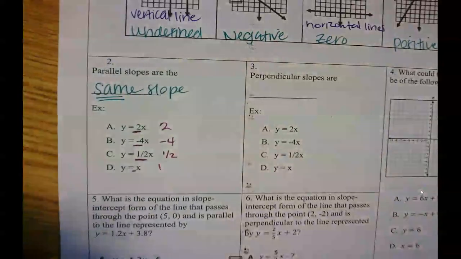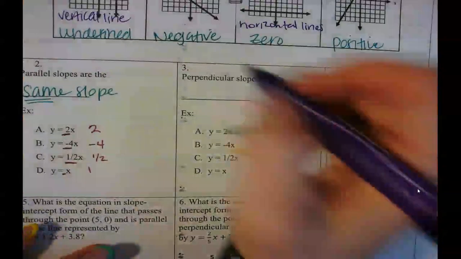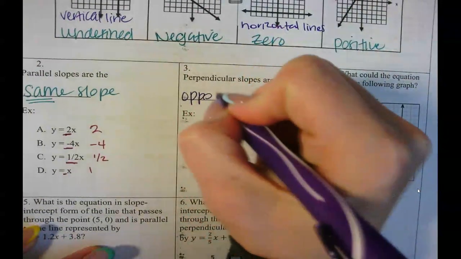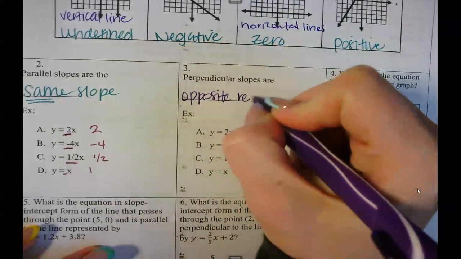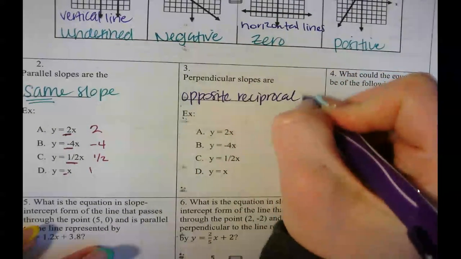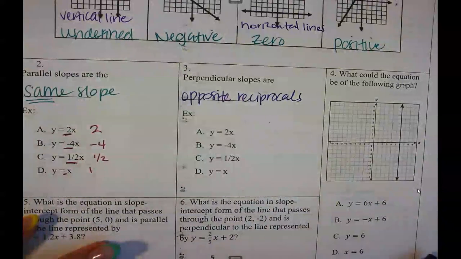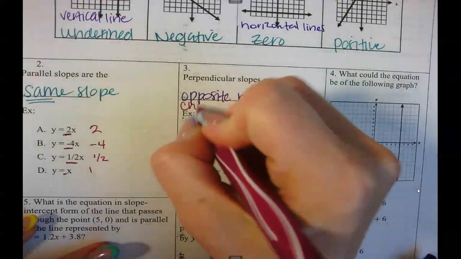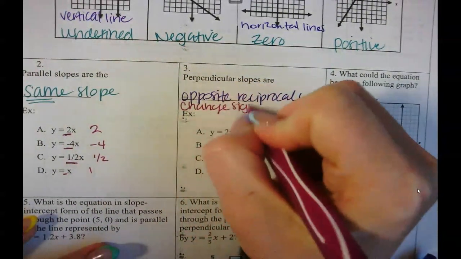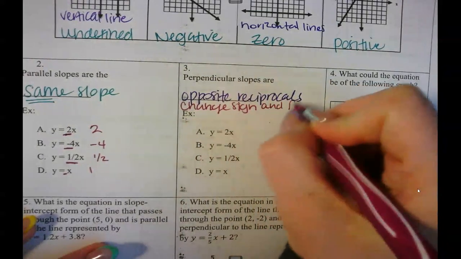All right. Our perpendicular slopes are opposite reciprocal. And what that means is we change the sign and flip the fraction.